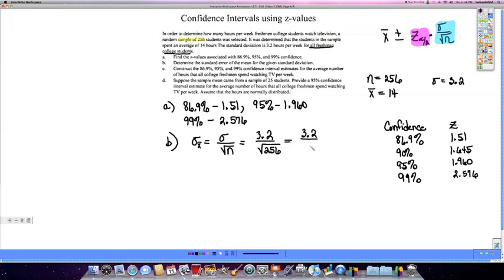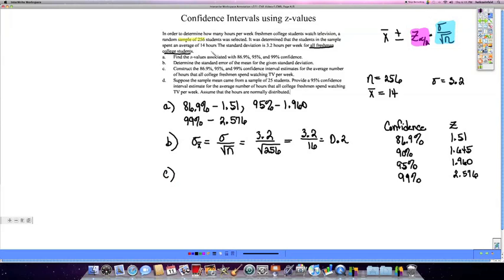So it's 3.2 divided by 16, which should be 0.2. So this value, 0.2, will be the standard error of the mean each time we do the calculations.